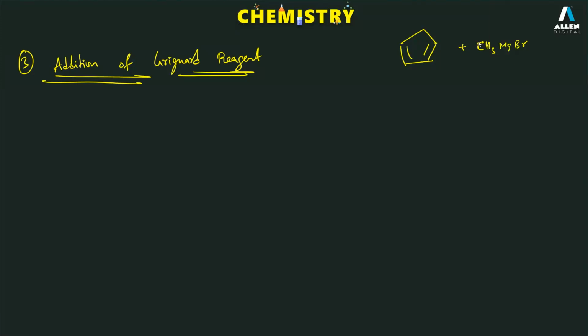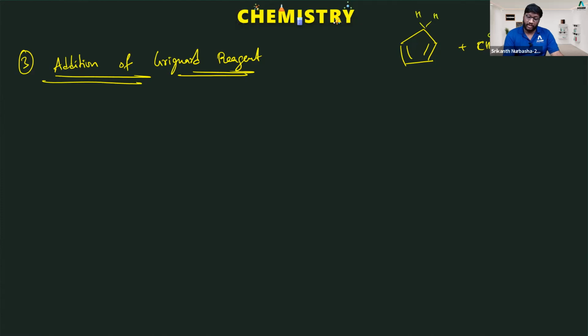Grignard reagent can act as nucleophile, and attack which particular carbon? It will act as a base here. Why? Because this CH hydrogen, CH3 minus, if it picks up this proton, it will generate negative charge here, which is actually cyclopentadienyl anion, which is aromatic in nature.